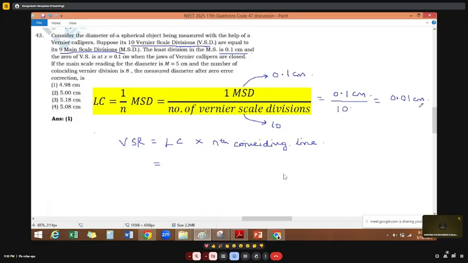Least count, just now we found, is 0.01 centimeter, multiplied by, read this, the number of coinciding vernier divisions is 8. So that means this is going to be 0.08 centimeter. The main scale reading of the diameter is 5 centimeter, so MSR is 5 centimeter.